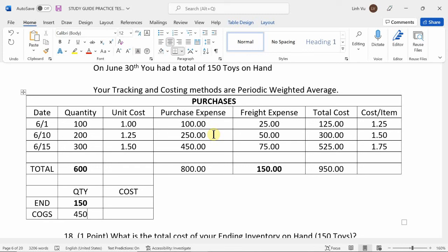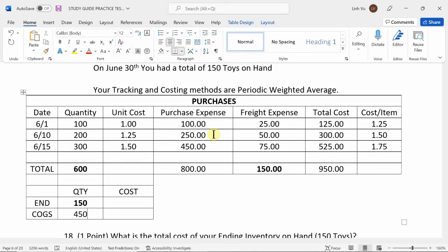What's my total purchase price? Oh, I'm sorry, total cost. The total cost is the same as the 950. Yes, that's correct.